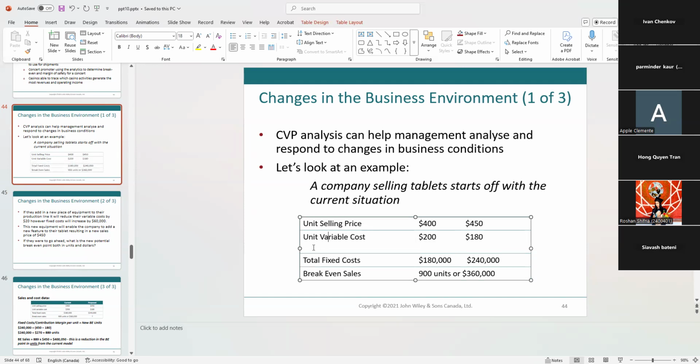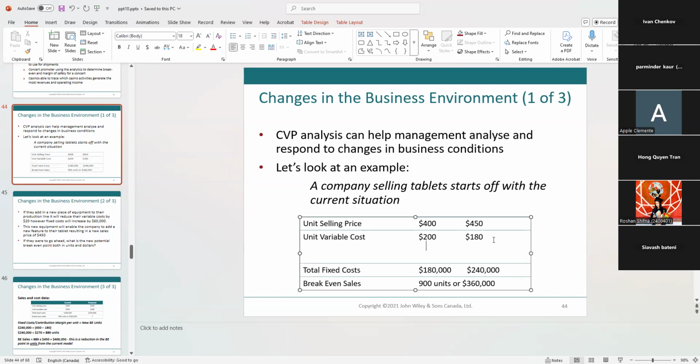I need to add the contribution margin per unit, correct? Yes. So how much is my contribution margin per unit in the first situation? 200, right? Yes. How much is my contribution margin per unit in the second situation? 270.